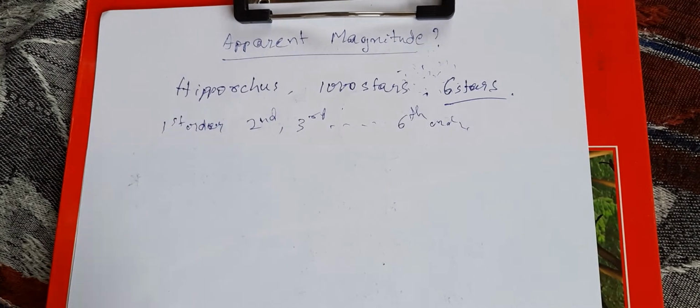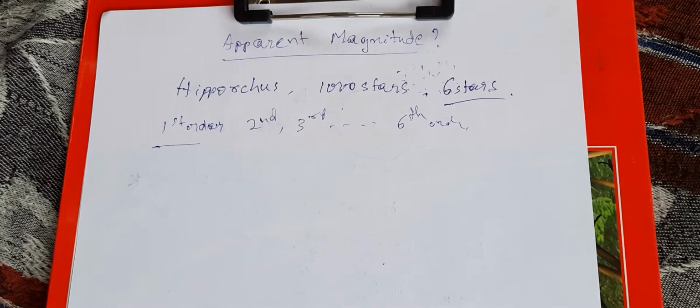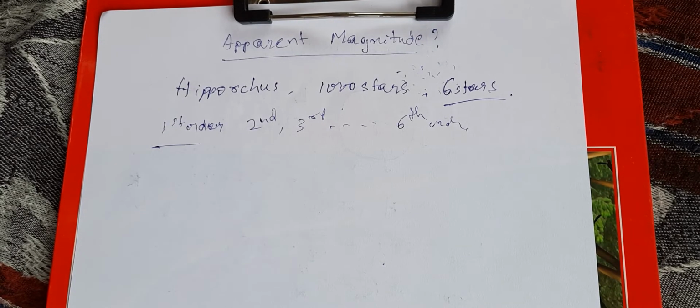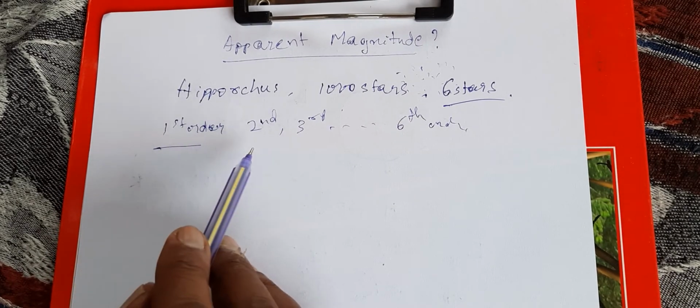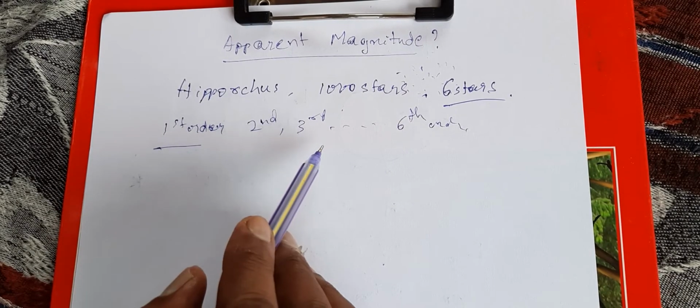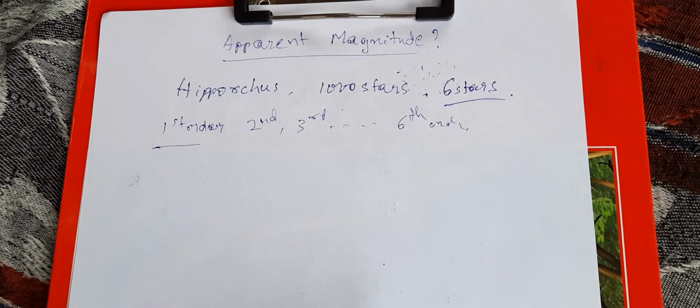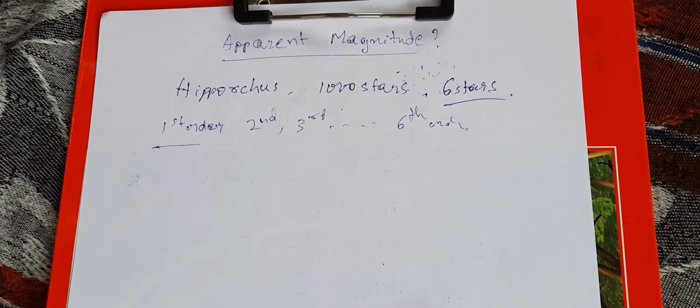According to his classification, first order star is the brightest star, and then second order star is a little dimmer than that, third a little dimmer, sixth the dimmest. This is the first effort to classify the stars according to brightness.